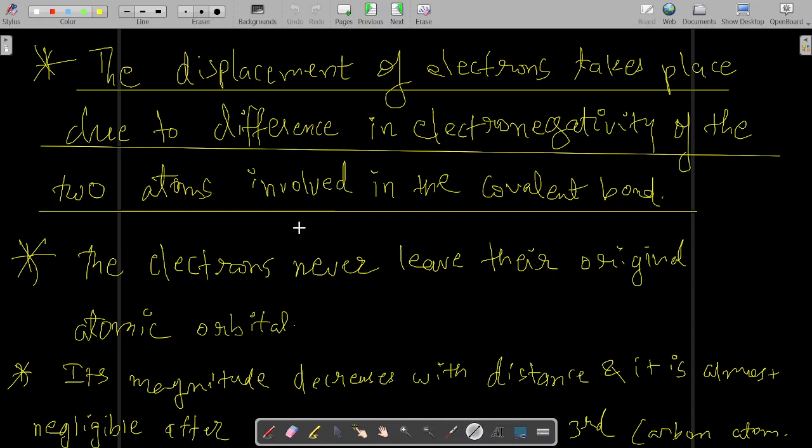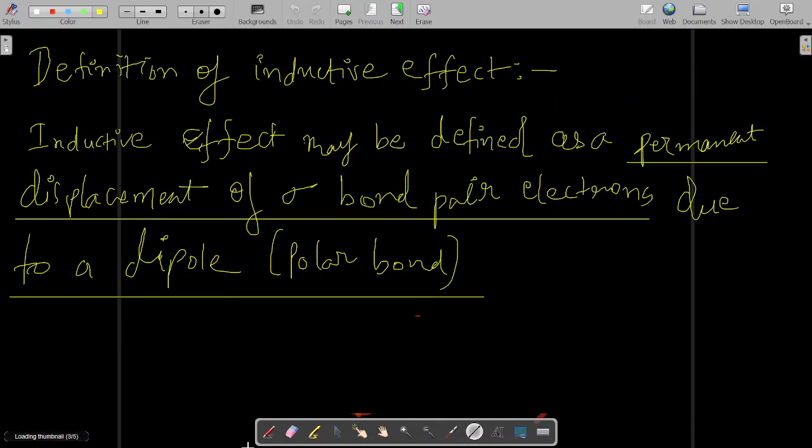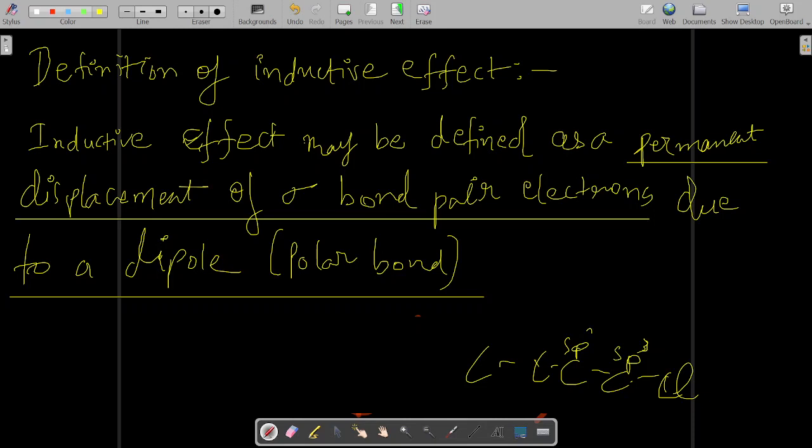The displacement of electrons takes place due to difference in electronegativity of the two atoms involved in the covalent bond. The electrons never leave their original atomic orbital. For example, in 1-chlorobutane, this carbon was sp3 hybridized, this was also sp3 hybridized, and this was also sp3 hybridized, and there was one chlorine also.